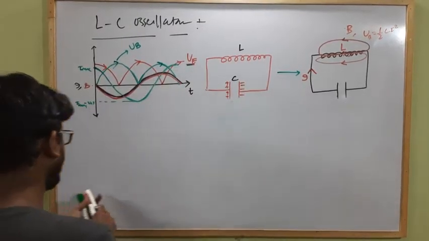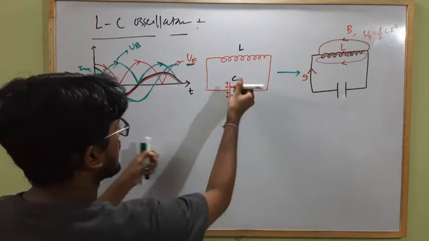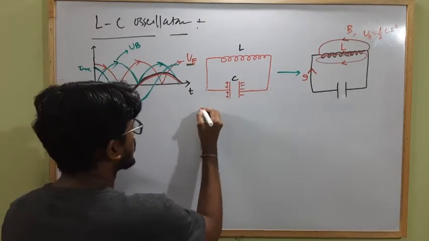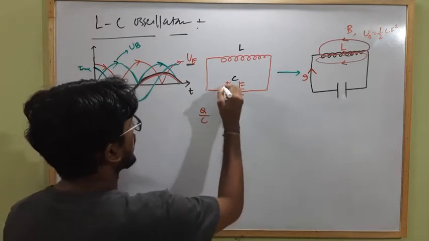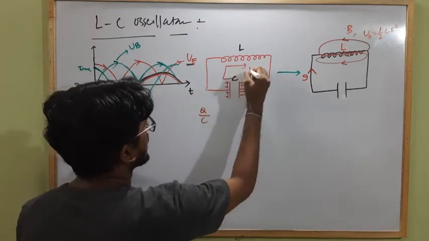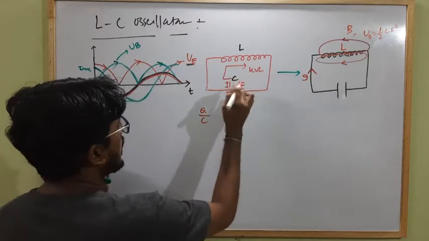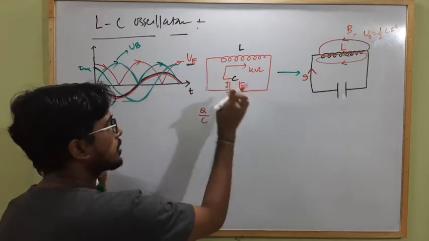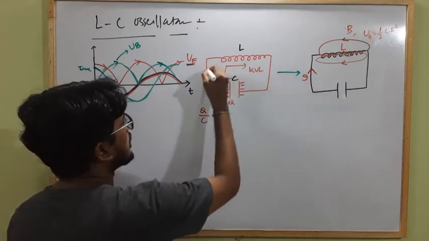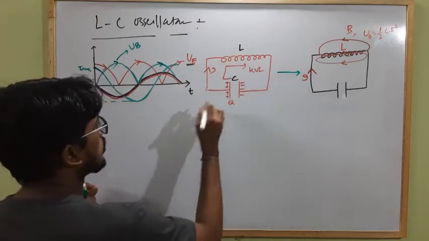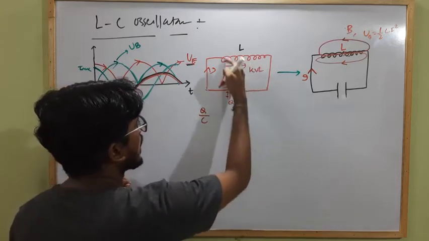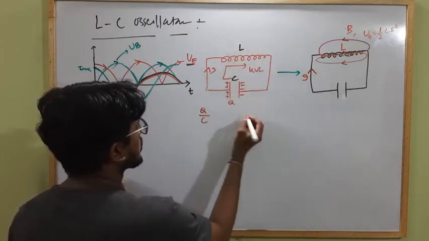So for the frequency of the LC oscillator, at this instant, the potential of the capacitor will be how much? Q by C. If I am applying KVL for this circuit, Q will be the charge stored within the capacitor at any instant, and I be the current flowing through the circuit. So the potential of the capacitor will be Q by C, and that of the inductor will be how much?